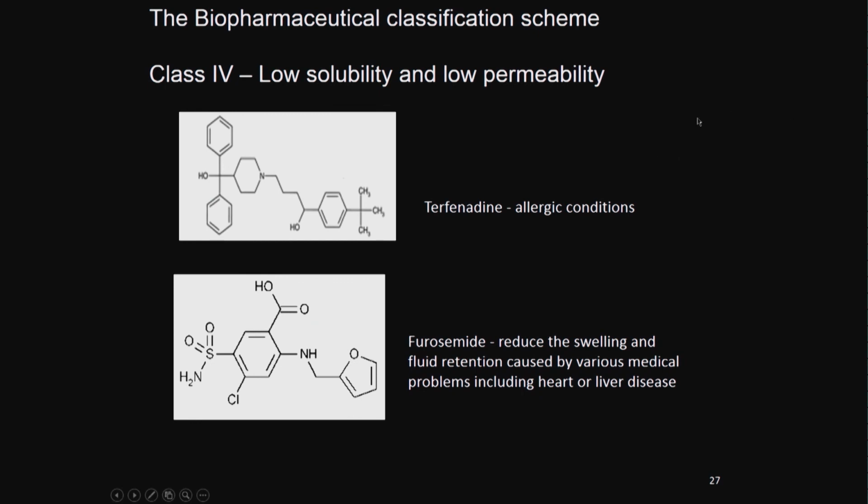Terfenadine is for allergies, furosemide reduces swelling and fluid retention caused by various medical problems. So, these drugs obviously have serious problems, and if these drugs are given in large doses you can have toxicities also. So, there have to be some structural modifications to these drugs to improve their solubility as well as permeability.